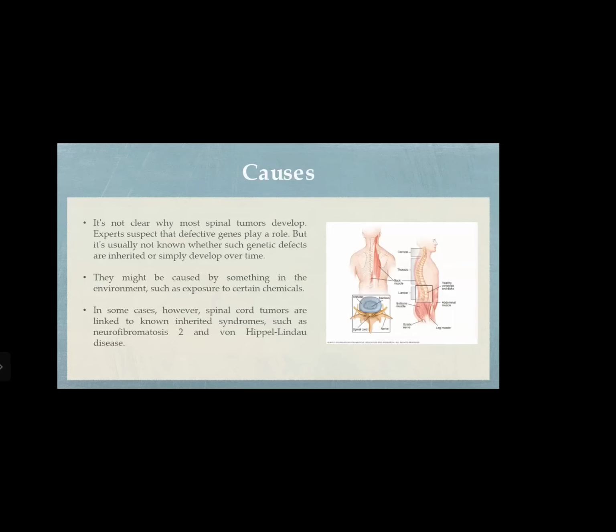Experts suspect that defective genes play a role, but it's usually not known whether the genetic defects are inherited or simply develop over time. They might be caused by something in the environment, such as exposure to certain chemicals. In some cases, however, spinal cord tumors are linked to known inherited syndromes such as neurofibromatosis 2 and von Hippel-Lindau disease.